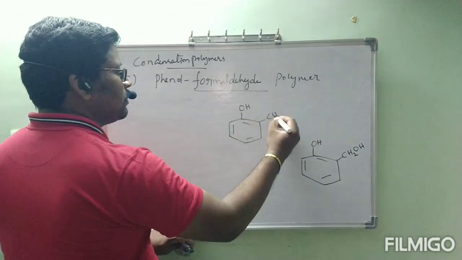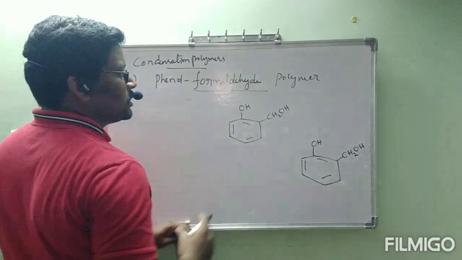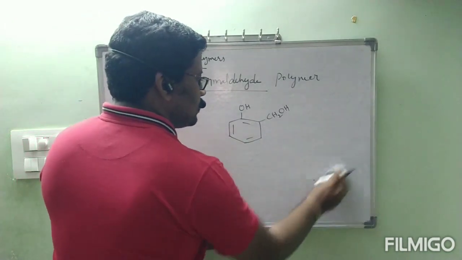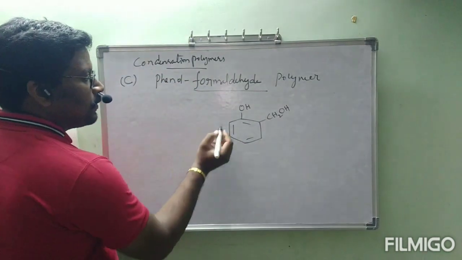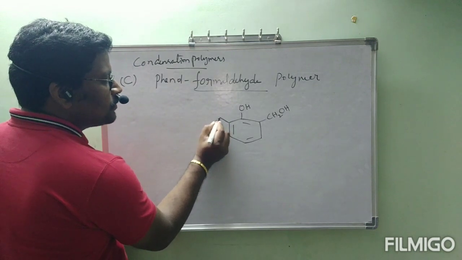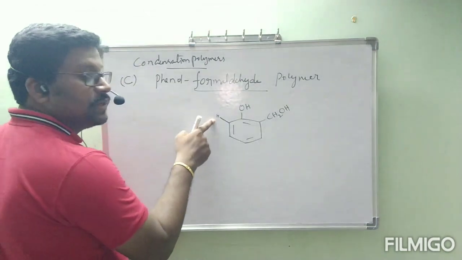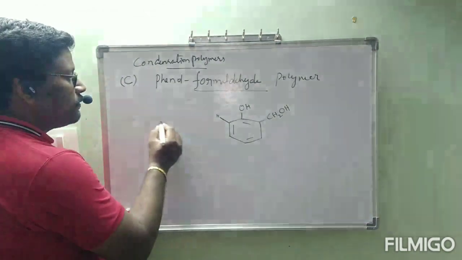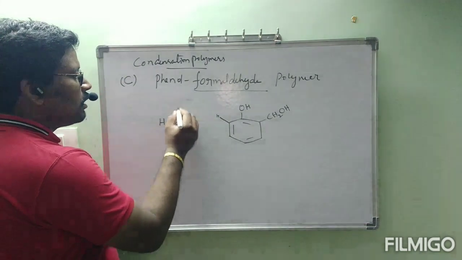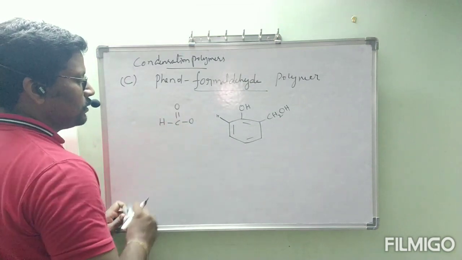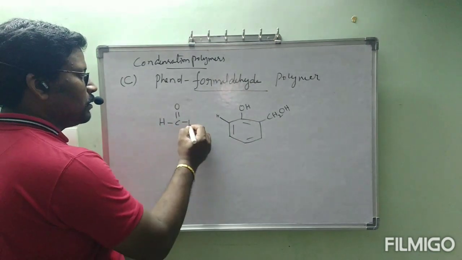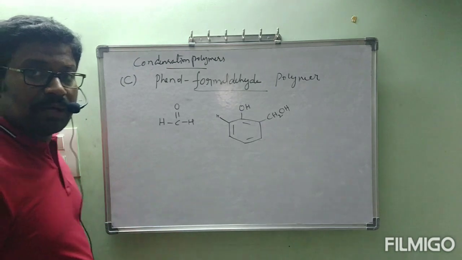OH, CH2OH. Now observe this another ortho position. Another ortho position has hydrogen. This hydrogen I am going to use, with one more formaldehyde molecule.